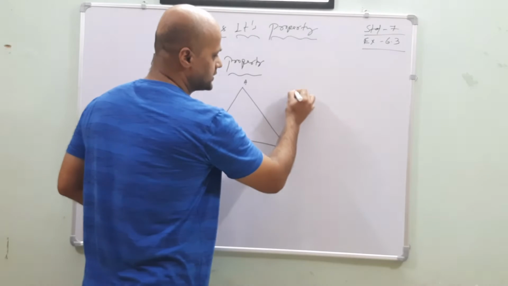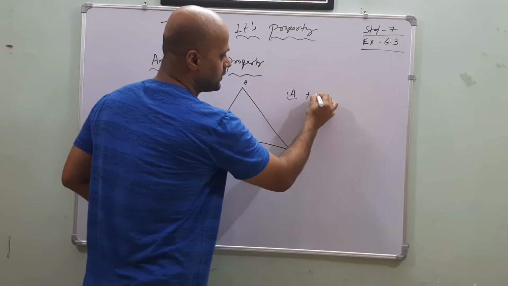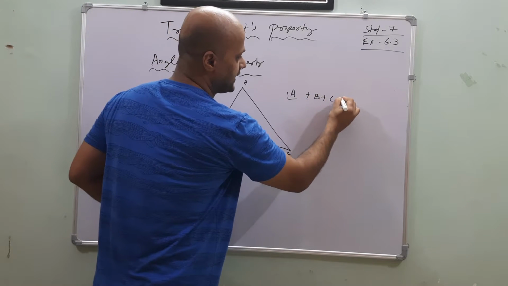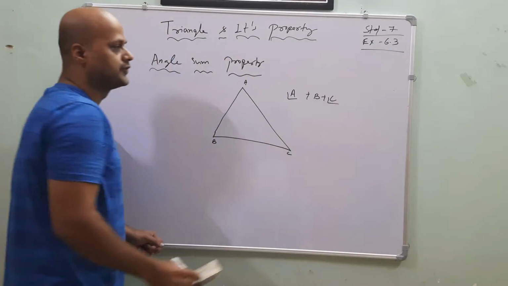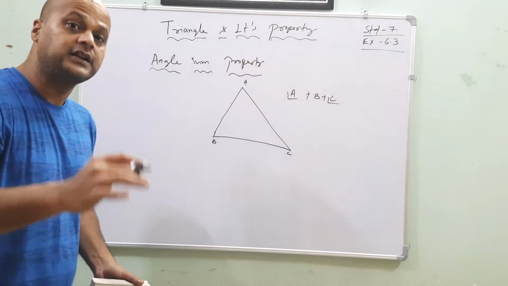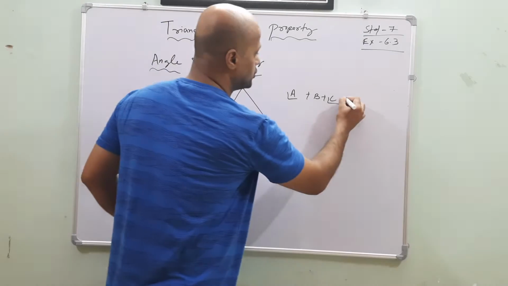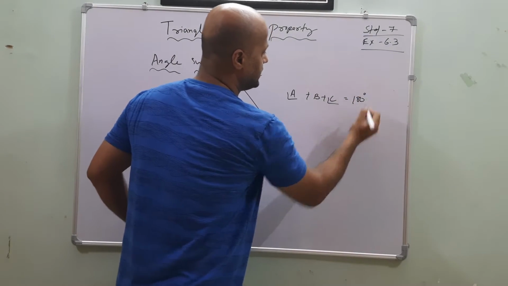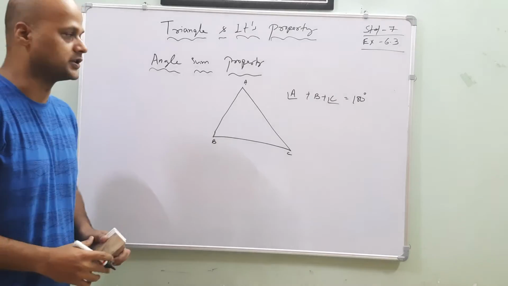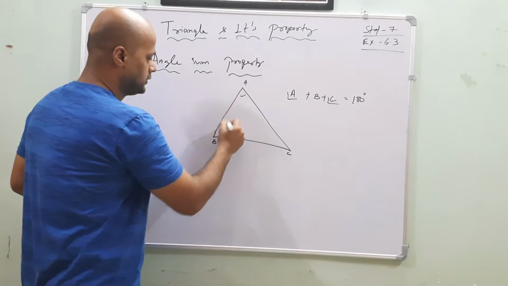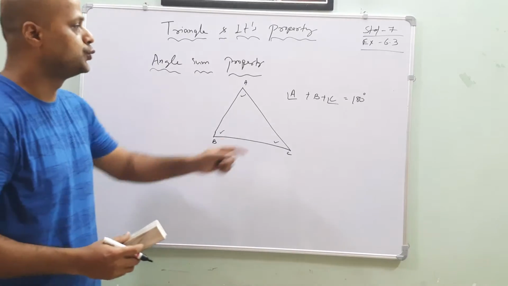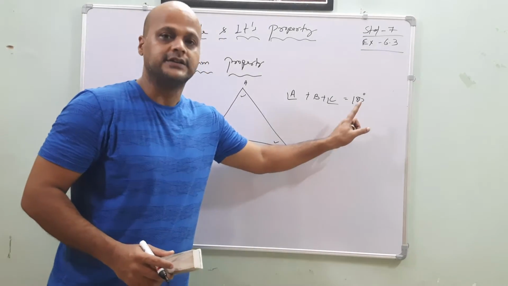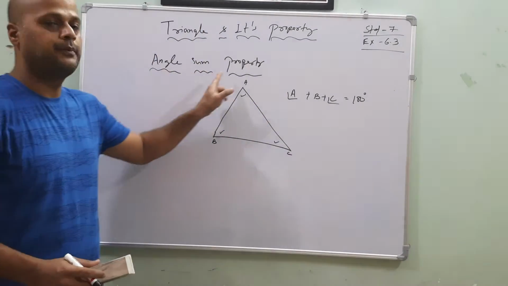So write the angle first: angle A plus angle B plus angle C. Here it says that the sum of 3 internal angles is equal to 180 degree. Remember this one. Sum of 3 internal angles is equal to 180 degree. This is called angle sum property.